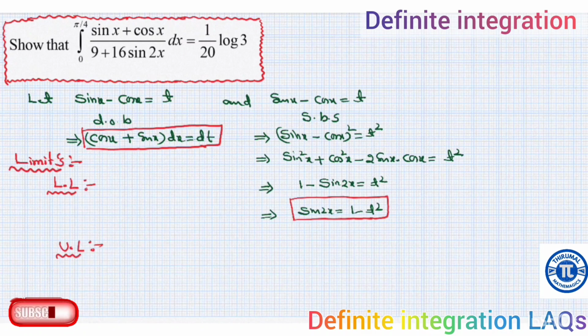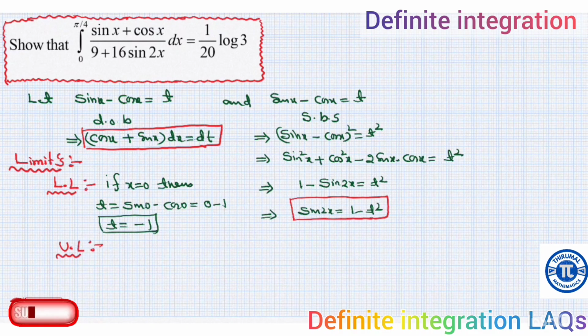Now the limits, lower limit first. The given lower limit is x equal to 0. If x equals 0, then t equals sin 0 minus cos 0, which is 0 minus 1, so the lower limit t value is minus 1.